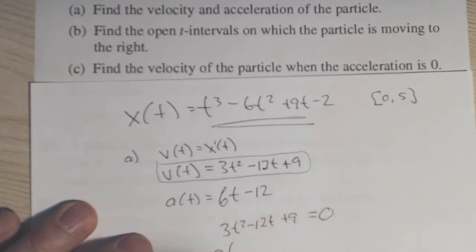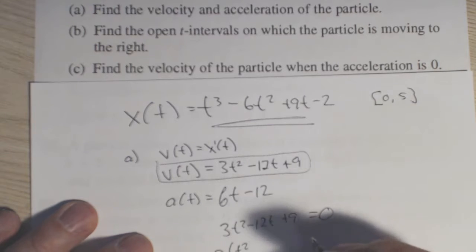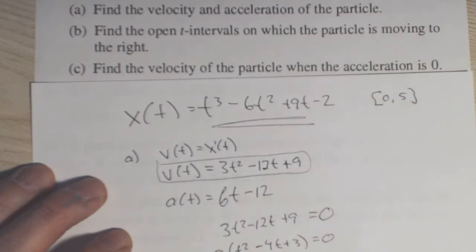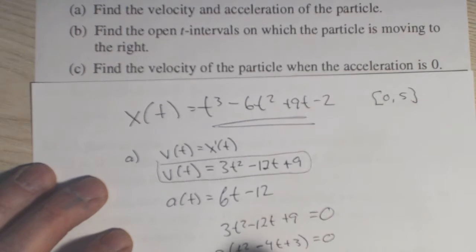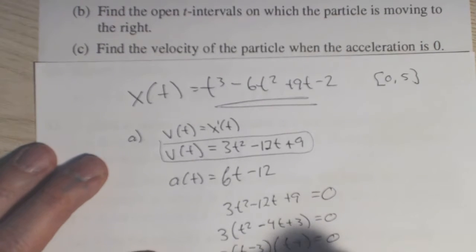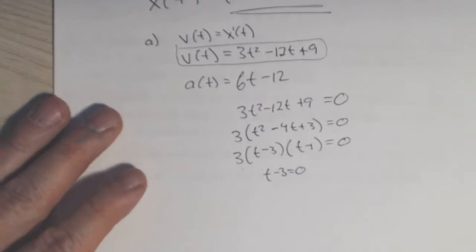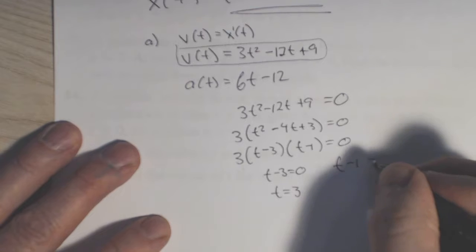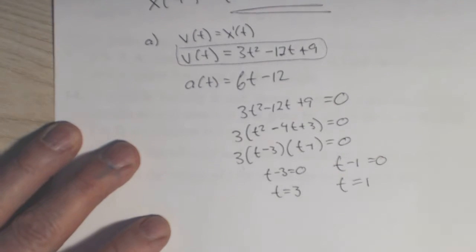That's 3 times t squared minus 4t plus 3 equals 0. And now I can factor this piece. This is 3 times t minus 3 times t minus 1 equals 0. Well, 3 doesn't equal 0, so this equals 0 when t minus 3 is 0, which is t equals 3, or t minus 1 equals 0, which is t equals 1.